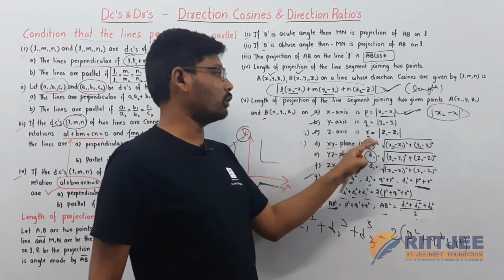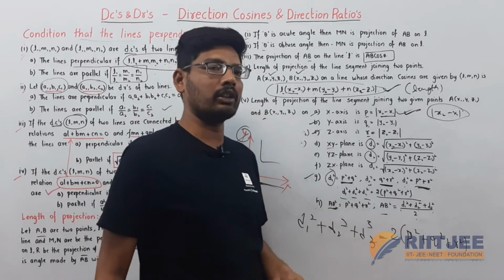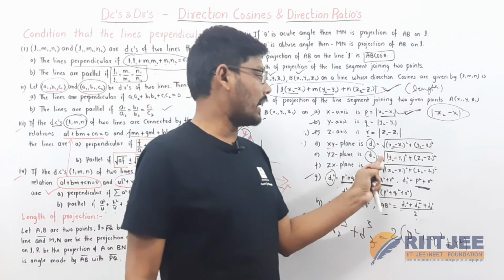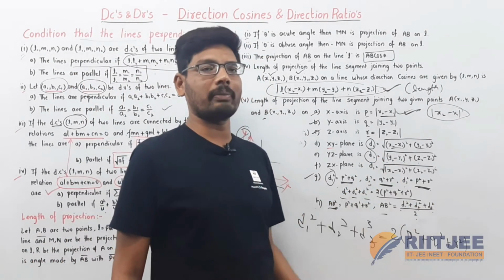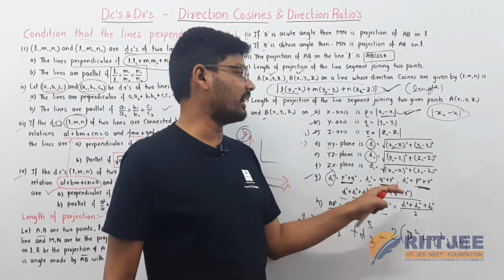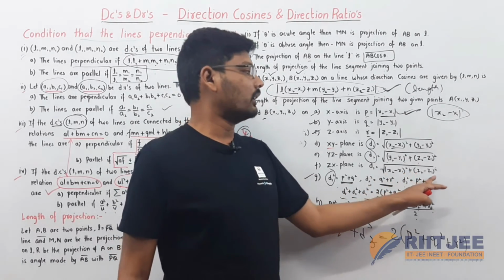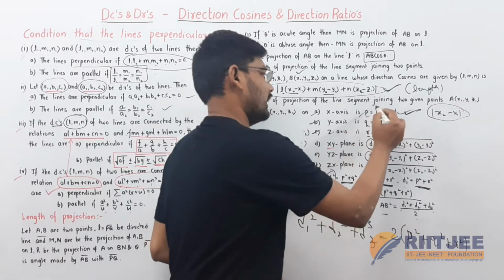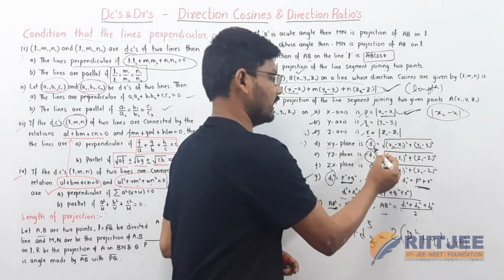These are the p, q, r values, and the d1 value is the square root of x2 minus x1 whole square plus y2 minus y1 whole square, and the d2 value is y2 minus y1 whole square plus z2 minus z1 whole square. The d3 value is x2 minus x1 whole square plus z2 minus z1 whole square. Here we have p, q, r and d1, d2, d3.